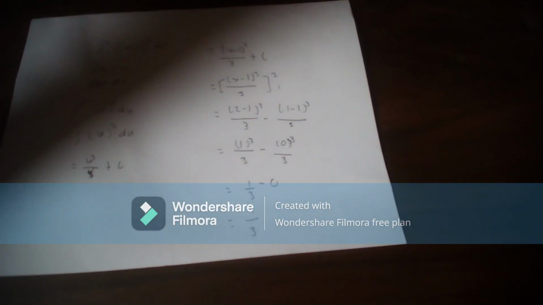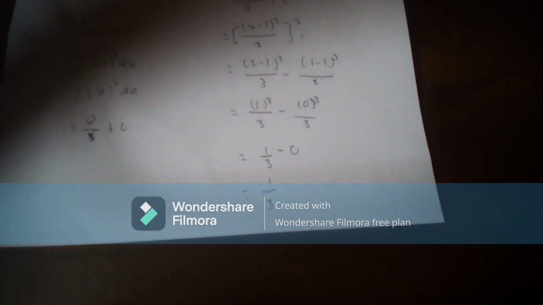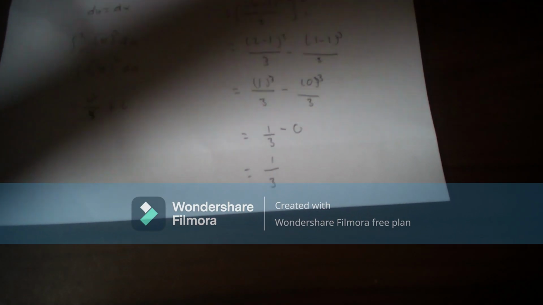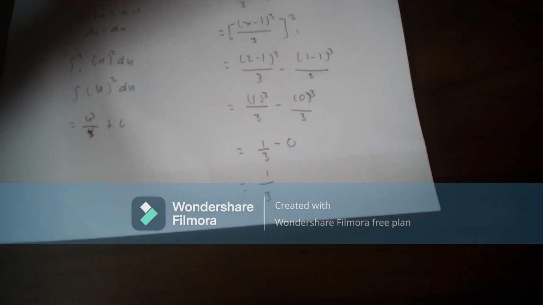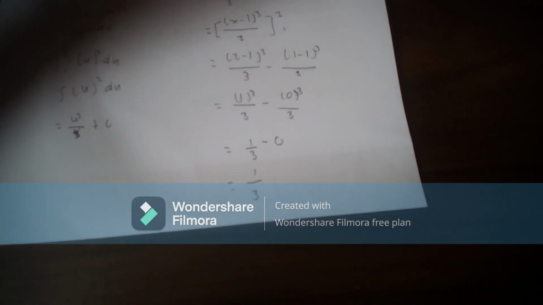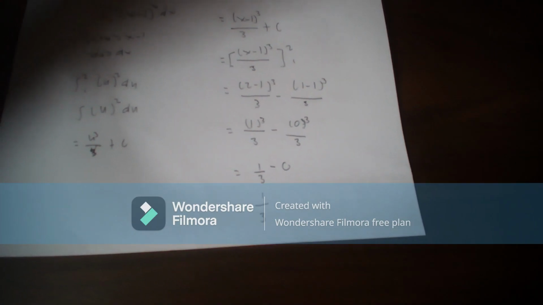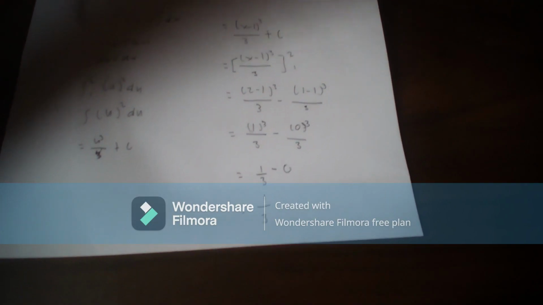Yay! As you can see, there is no significant difference in how easy it is when it comes to using the substitution method and the basic integration. However, as the function becomes more complex, the difference becomes more noticeable. If the problem is more complex, then substitution is way easier.